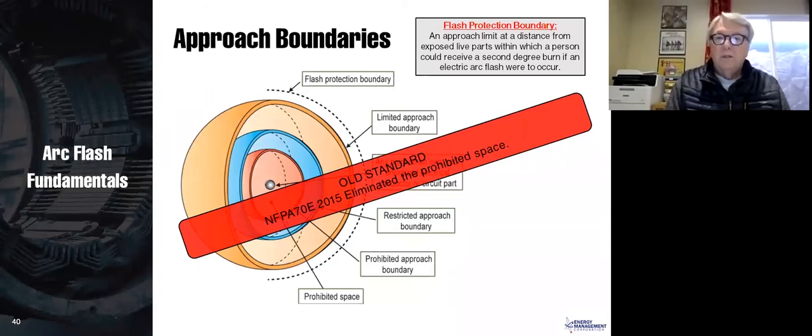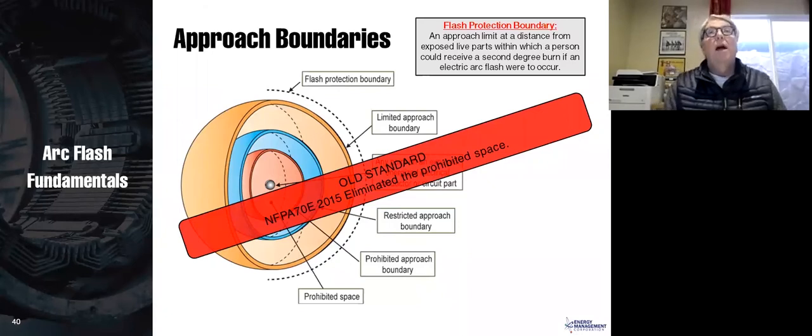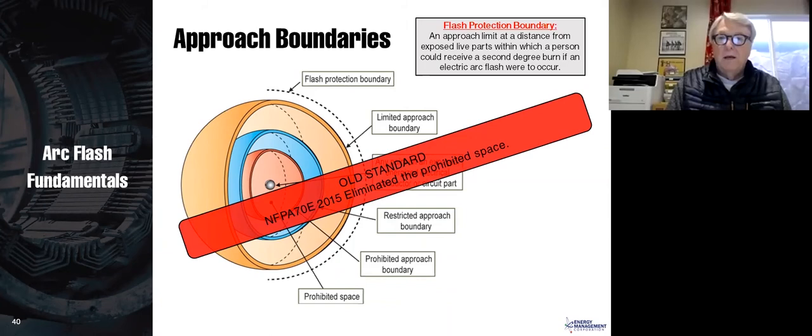In order to cross the restricted approach boundary, you're going to be a helper, you're going to be holding tools, you're going to be holding meters, and you cannot cross that unless you're qualified and have the appropriate PPE for shock protection, not burn protection, but shock. And the prohibited space is for the person who probably is going to actually touch the live part. And so that person must be qualified and must have the appropriate PPE.